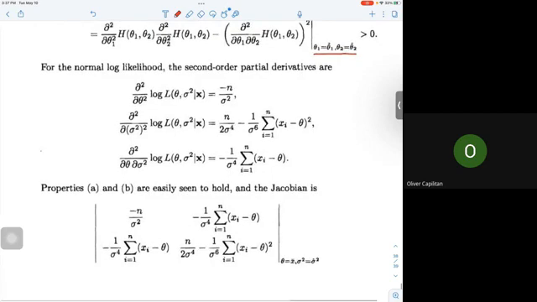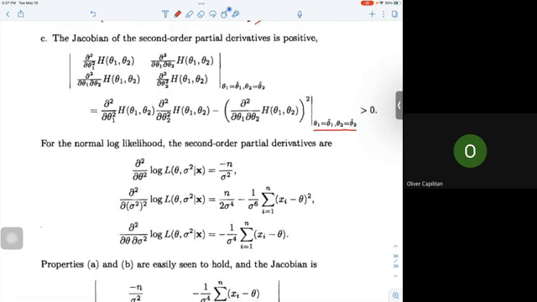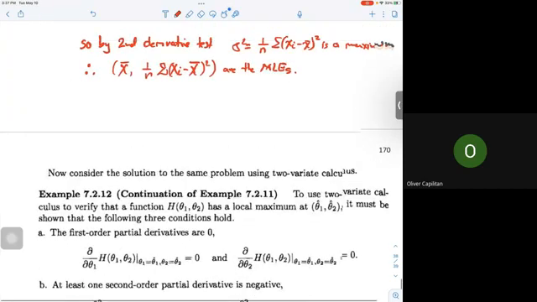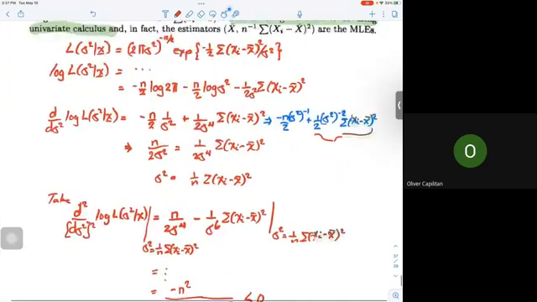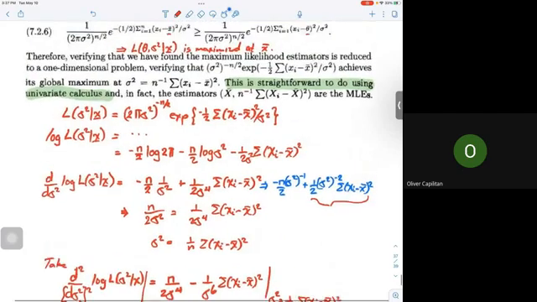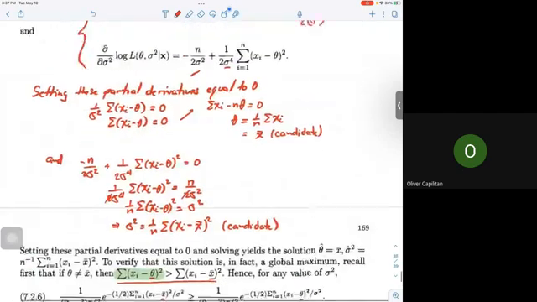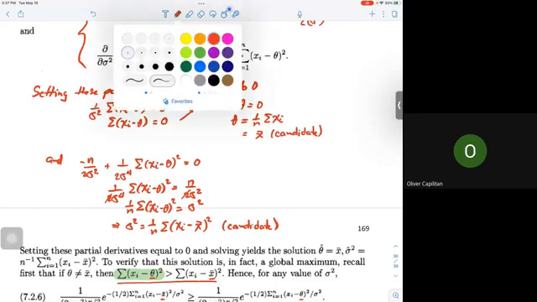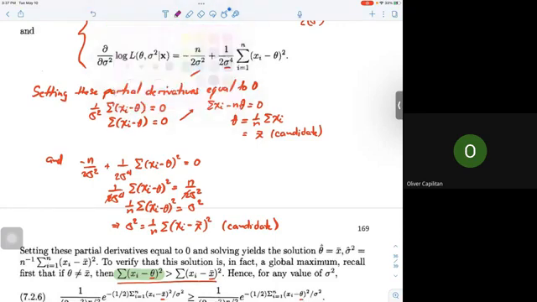So for normal log likelihood, these are the second order partial derivatives. The Jacobian of the second order partial derivatives. Kasi, itong part na to, meaning to say, dito sa example na to, yung theta natin, which is equal to the vector of mu and then sigma square.